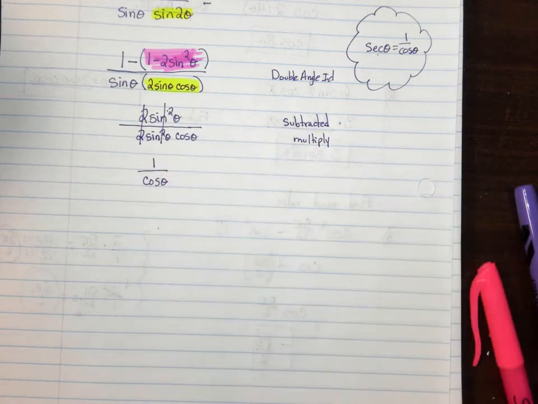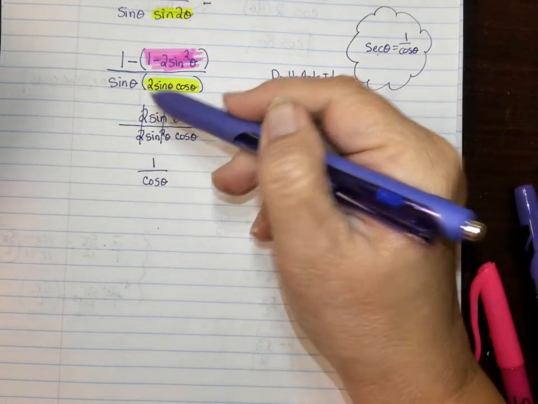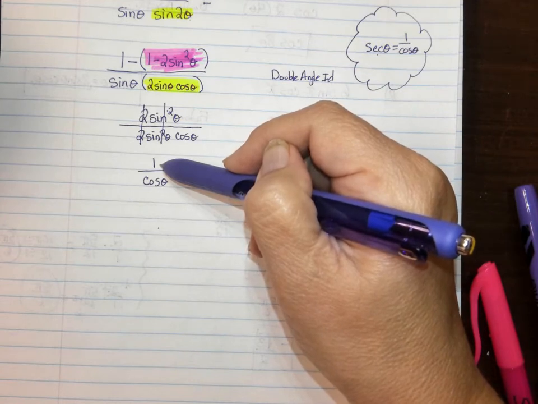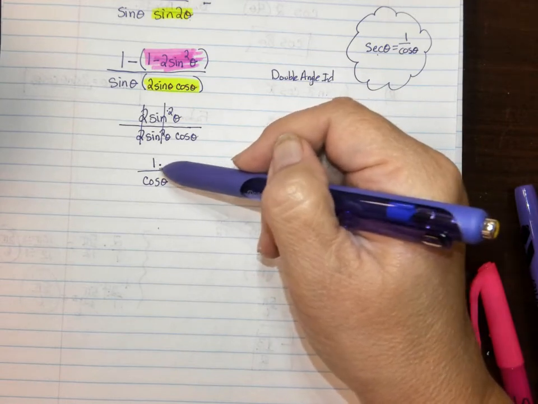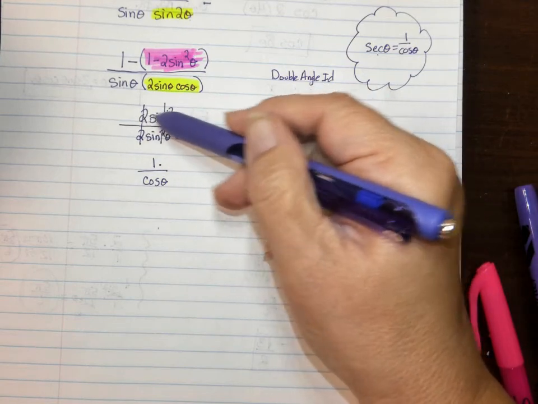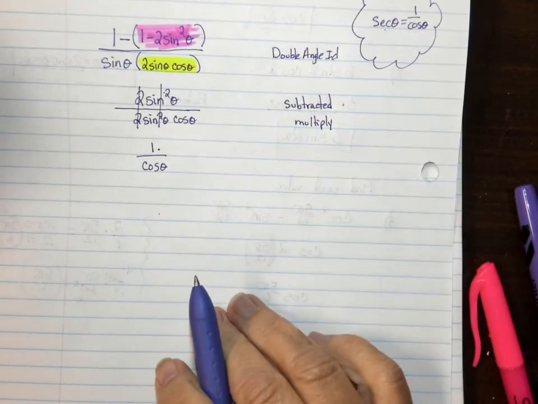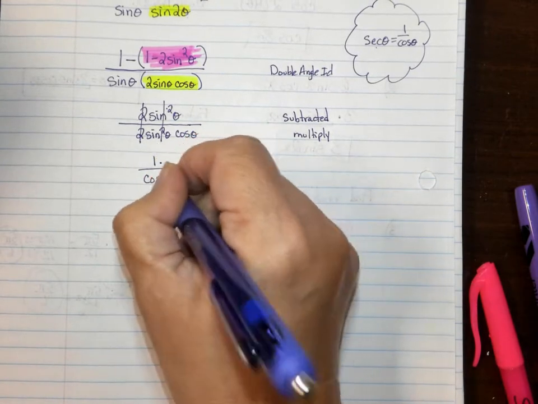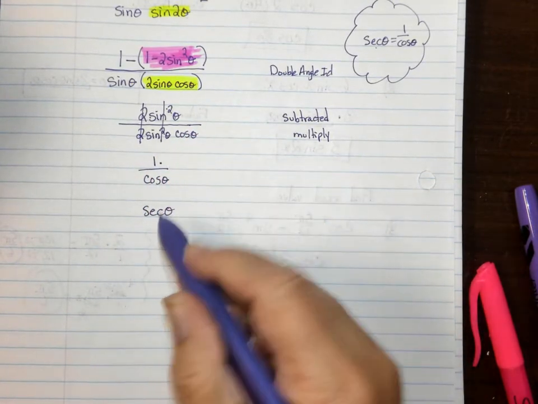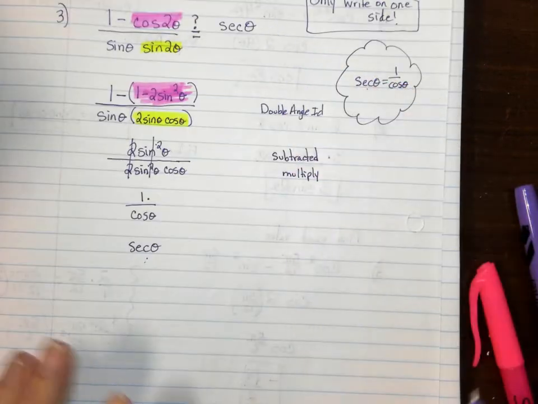Otherwise, if you just think they're canceling, you might think that all canceled and that would just be a 0, right? I mean, if it's canceled, it's gone. It's not canceled. It divided to make 1. So what's your numerator? Your numerator is 1. And then 1 over cosine theta is secant theta. Secant theta is secant theta.